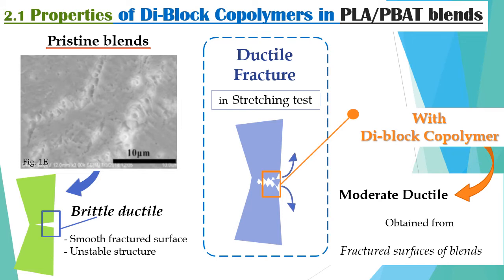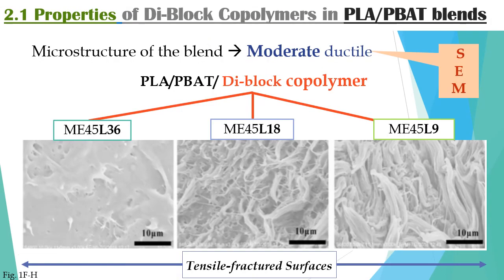The PBAT component in the matrix was not effective in toughening PLA. With the block copolymer, the interfacial layers become stable and the ductility of the blends improves. The type of fracture of the polymer blend is moderately ductile.